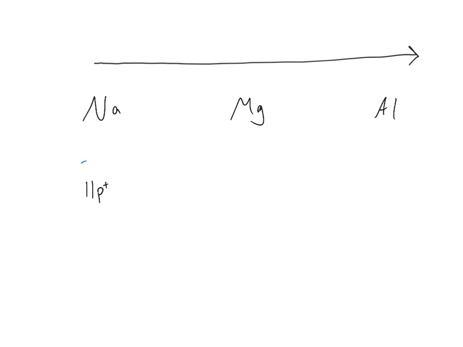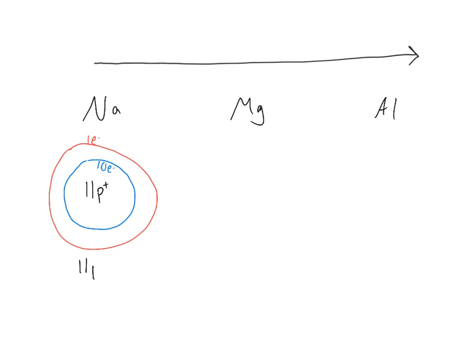And then for the sake of simplicity, we'll just draw all the core electrons together. So we have 10 core electrons for sodium. And then our outer electrons, we've got 1 electron in our outer shell. And so in the case of sodium, we have our 11 pluses and the attraction of our 11 minuses.